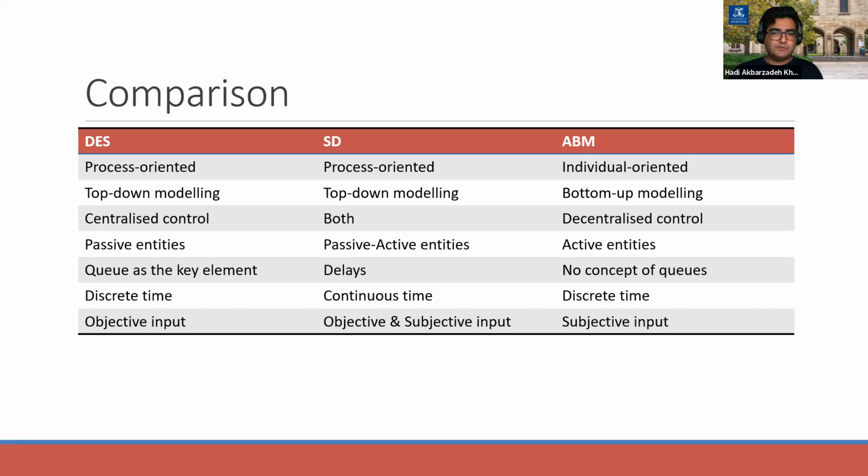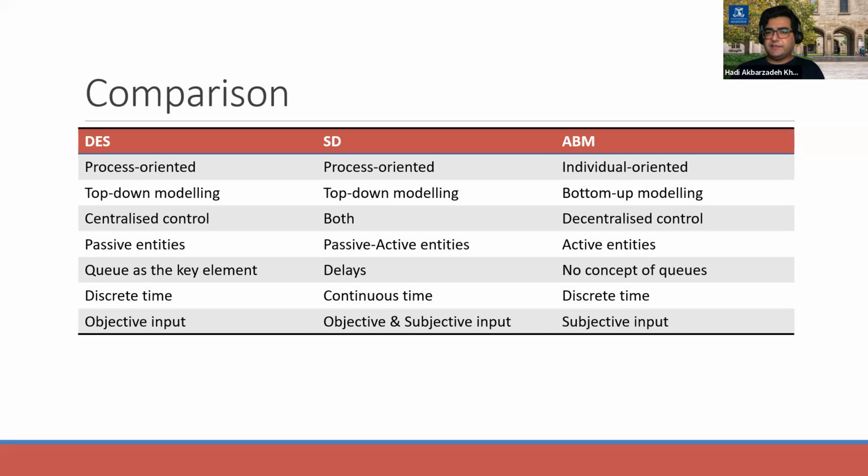And time in both DES and ABM is discrete, but in system dynamics it is continuous. Another thing which is important in DES is that it is quite heavily related to data. So the inputs are mostly objective. They have to collect data and do the estimation of the parameters.